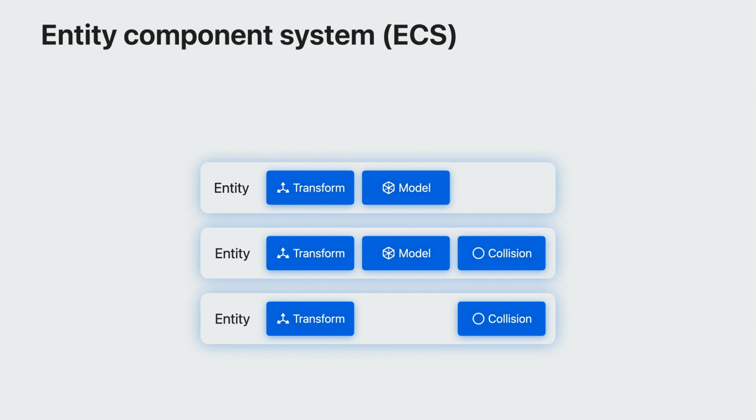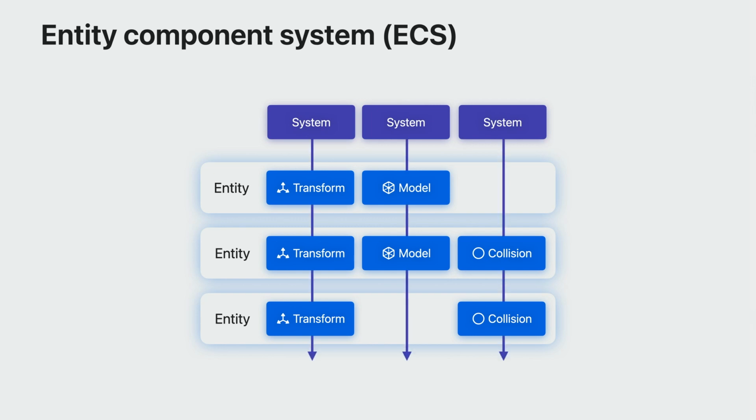You can use Reality Composer Pro to prepare RealityKit components, like collision components, and get them added to your entities. Systems contain code to act on entities that have the required components. For example, the system required for gesture support only operates on entities that have a collision component and input target component.